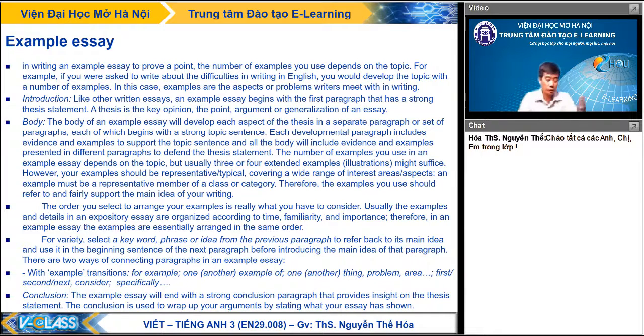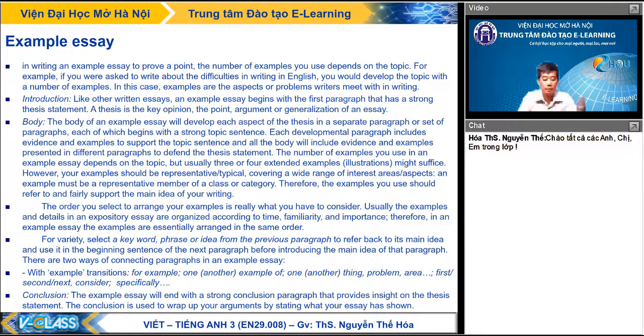And also, you have to know that a thesis is the key opinion and the point, the argument on the generalization of an essay. What about the body?